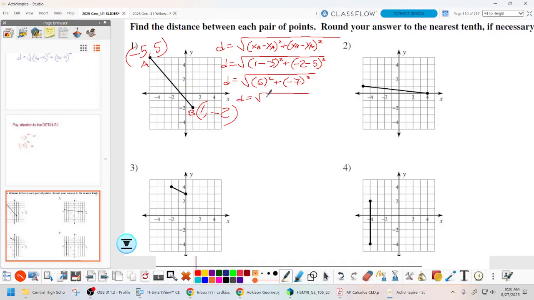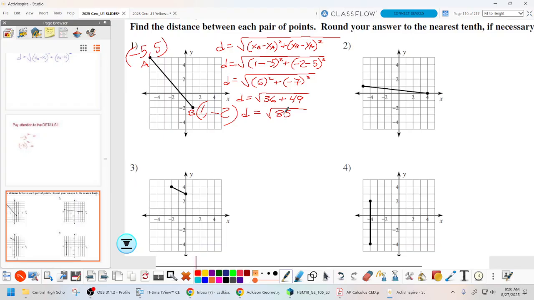Okay, 6 squared is 36. Negative 7 squared is 49. Don't drop the square root, don't drop the parentheses. I should say don't drop the parentheses until you square. Then it's okay too. Now this is 85, so 36 plus 49 is 85.